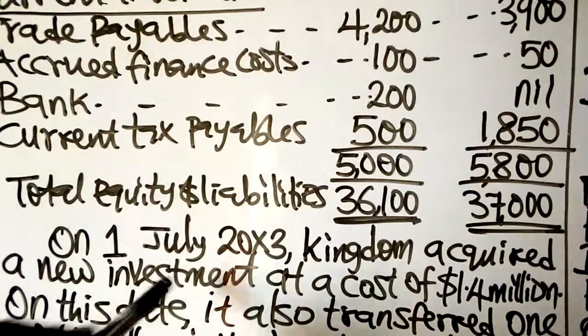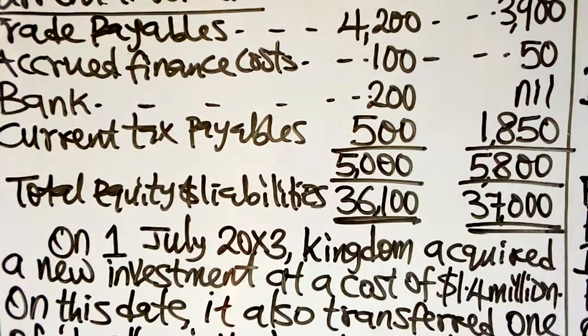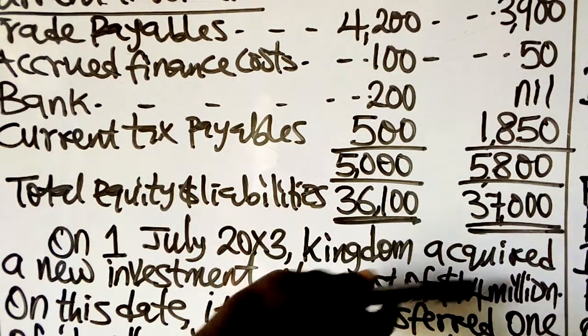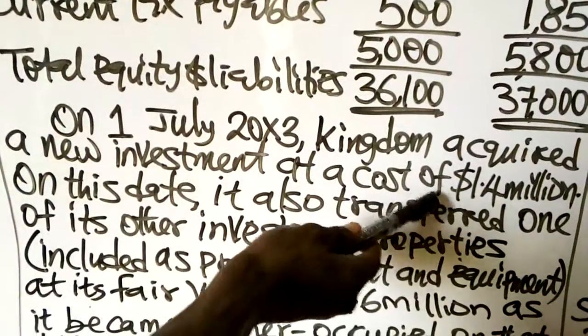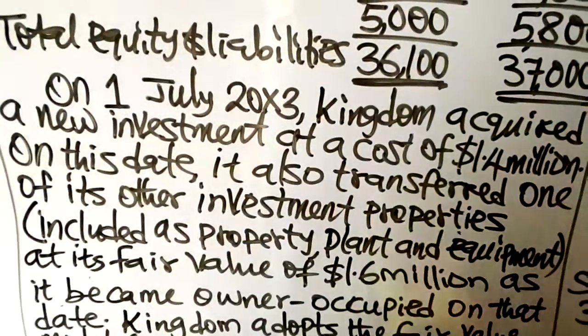On 1st July 20x3, Kingdom acquired a new investment property at a cost of $1.4 million.